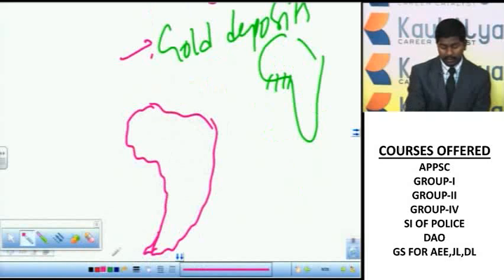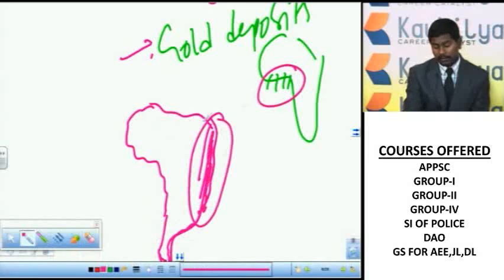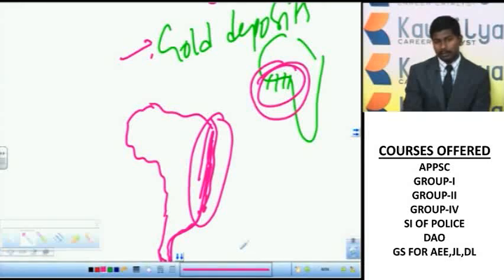So the origin is here, but their remnants are there. That means these two might have coexisted together in the historical past.